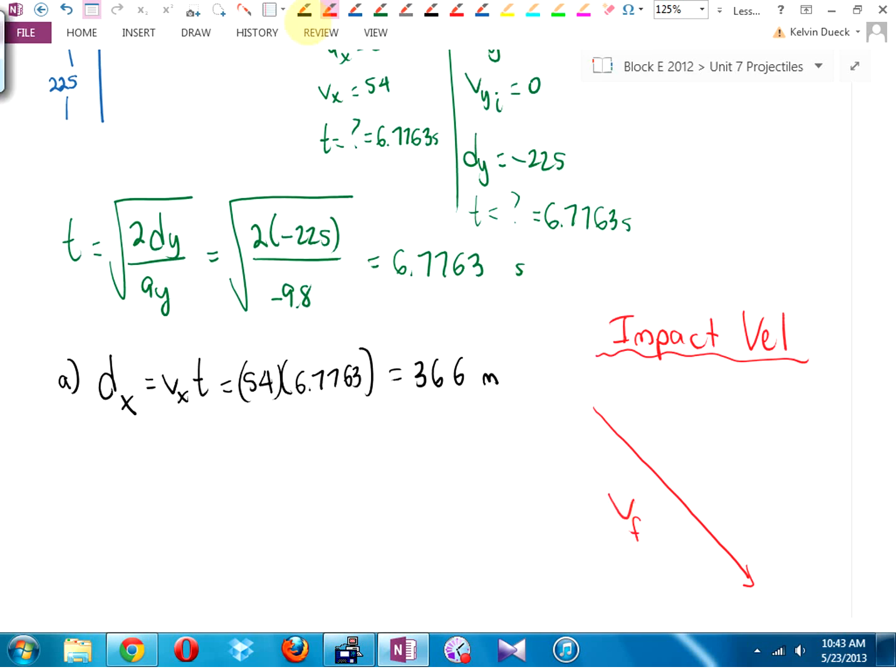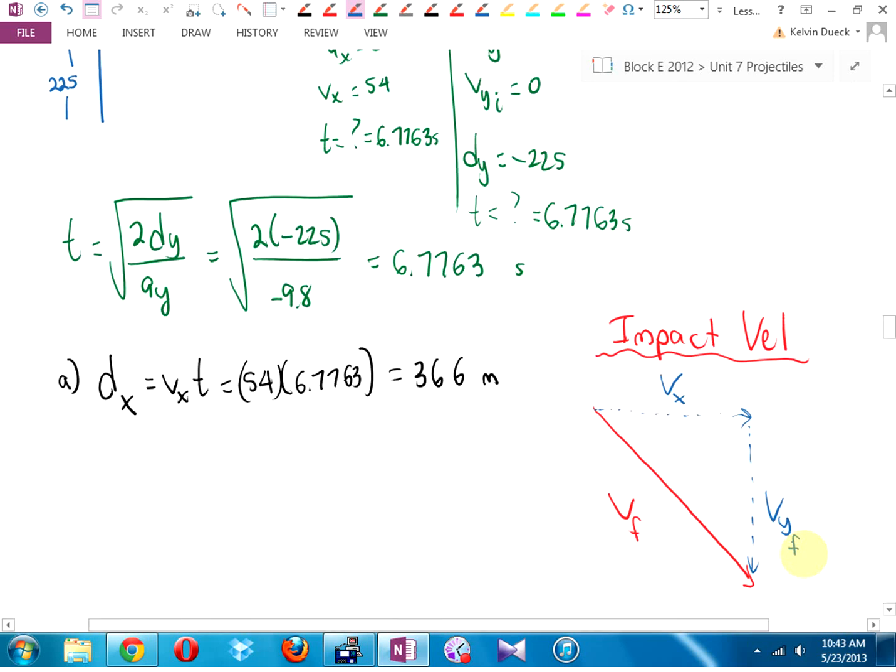I actually think of it as having a horizontal component and a vertical component, just like we've been doing all along. By the way, why did I put a final on the Vy but not on the Vx? Okay, Vx isn't changing, but Vy is.